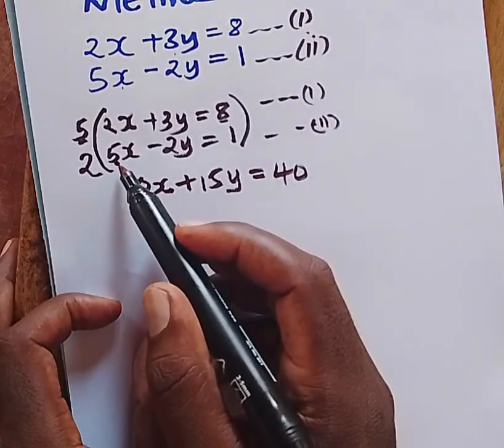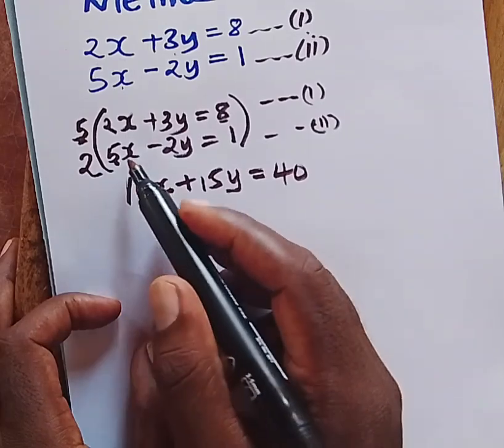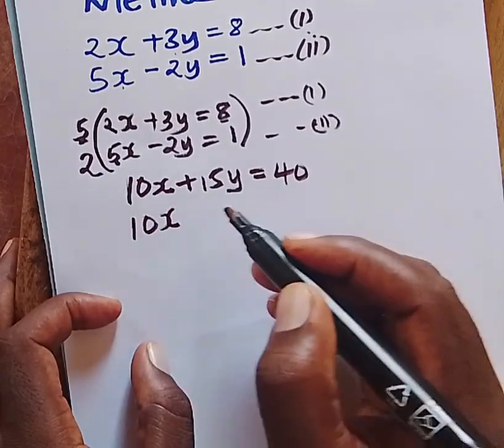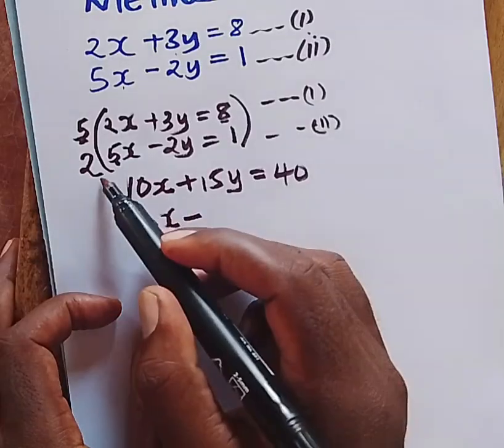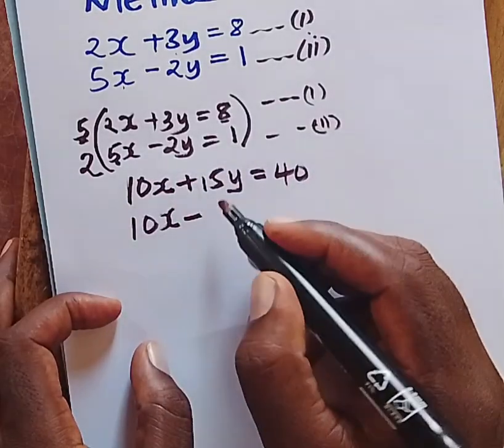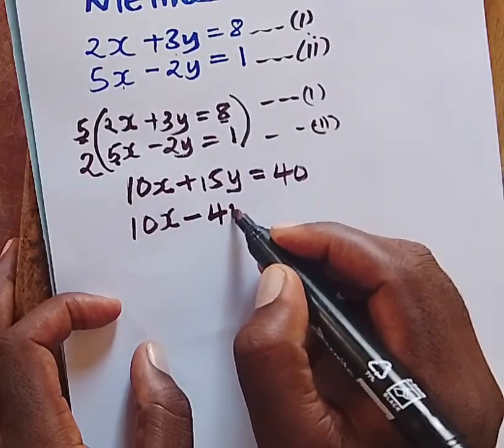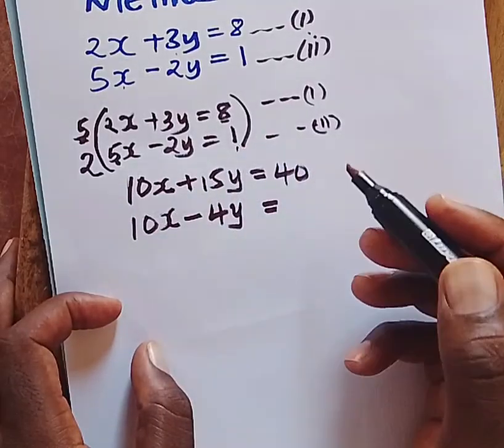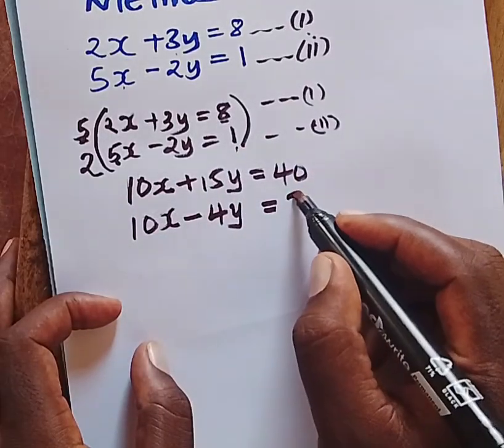Then I come to equation 2: 2 times 5x gives me 10x, minus 2 times 2y, which is 4y, is equal to 2 times 1, which is 2.